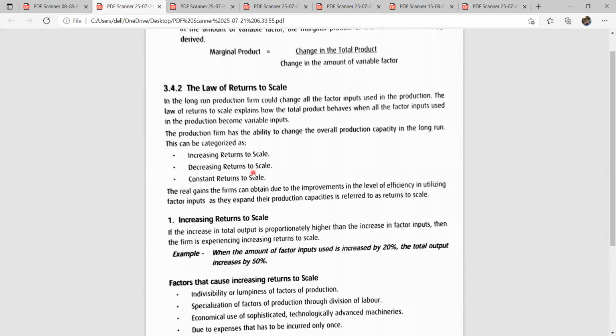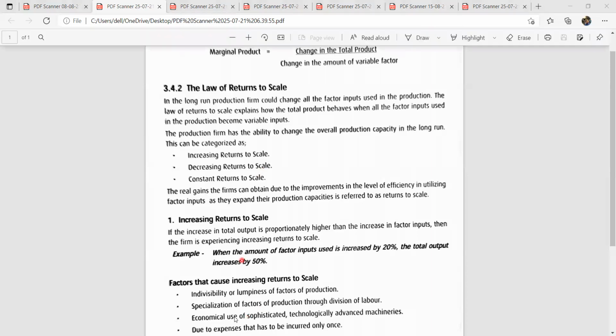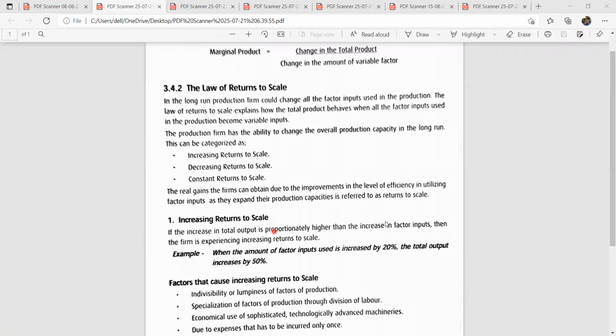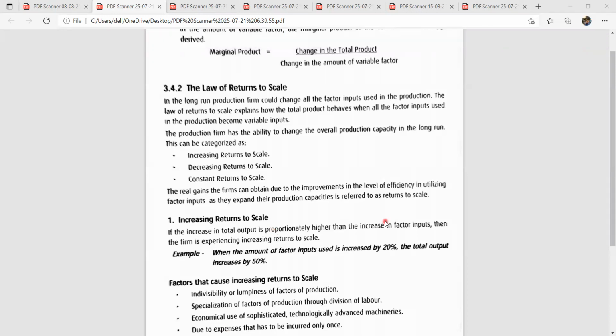So it says here, in the long run, the production firm could change all the factor inputs used in the production.